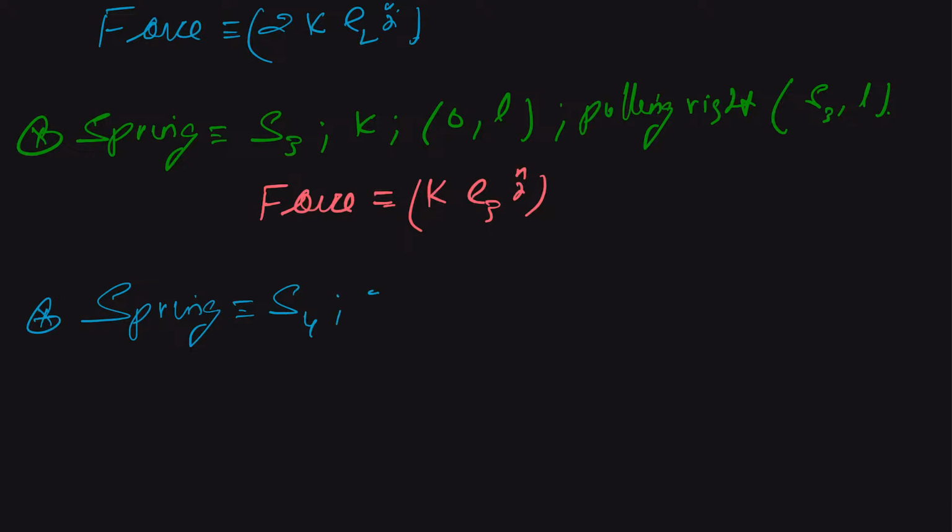S4 spring constant is about 2K, and it is 0, L, and it will be pulling towards left.